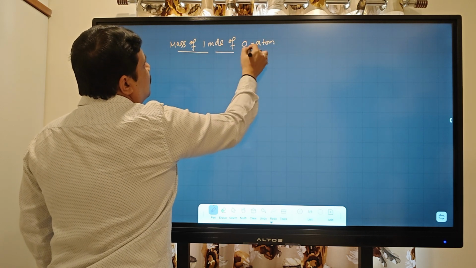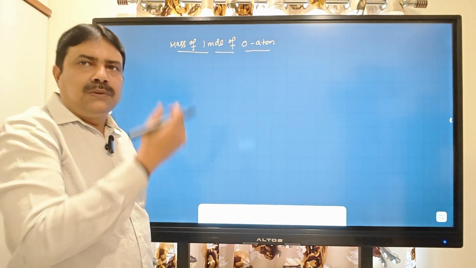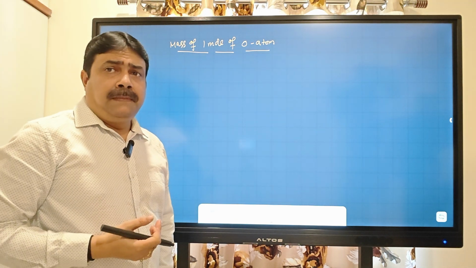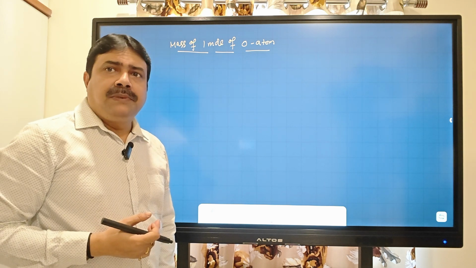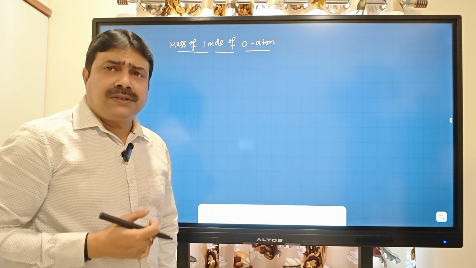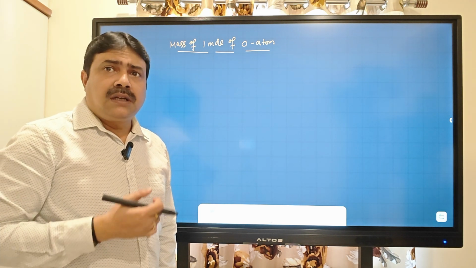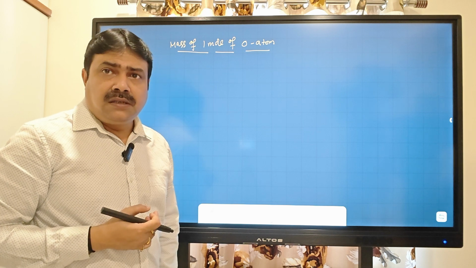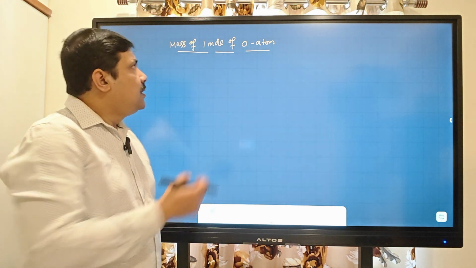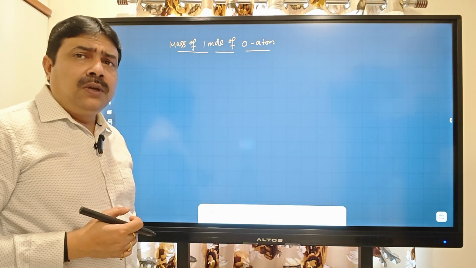Basically, you have to remember from the periodic table the mass of every element's atom, like sodium 23, chlorine 35.5, phosphorus 31, sulfur 32, silver 108. You have to remember all those data. So now we are going to calculate the mass of 1 mole of oxygen atoms.